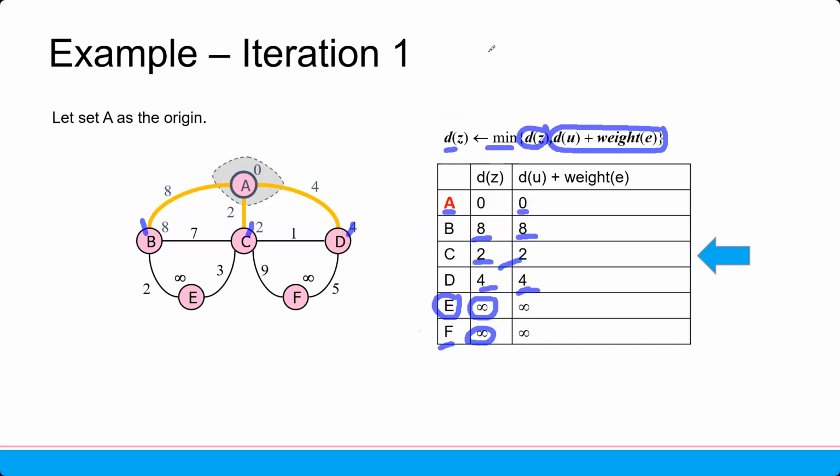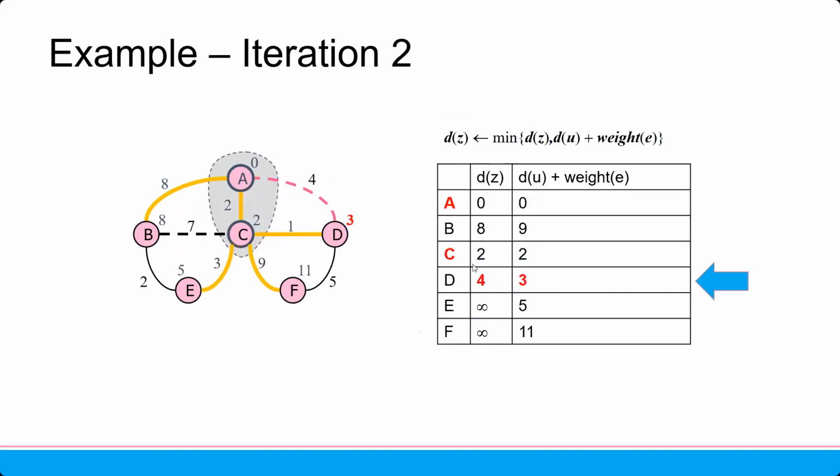What is the minimum? The minimum is 2. So we set C as the next node for our possible calculation. Now we start from C.